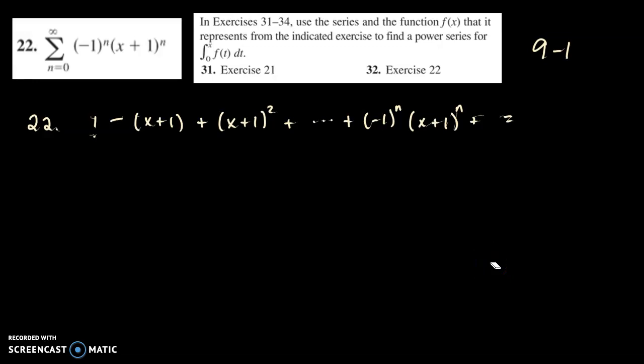Okay, so this is going to be the geometric series 1 over 1 minus negative 1 times x plus 1. In other words, this will be 1 over 1 minus negative x, negative 1, and then negative again.